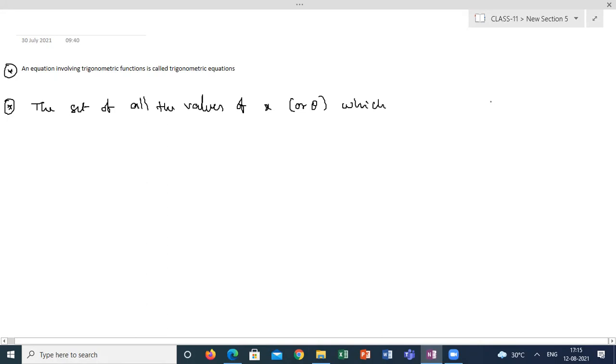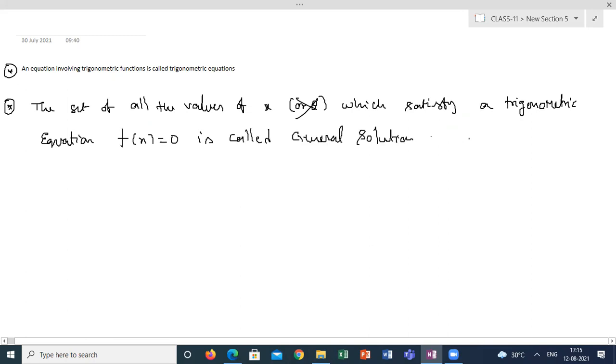a trigonometric equation f of x is equal to 0 is called the general solution or solution set of f of x is equal to 0.